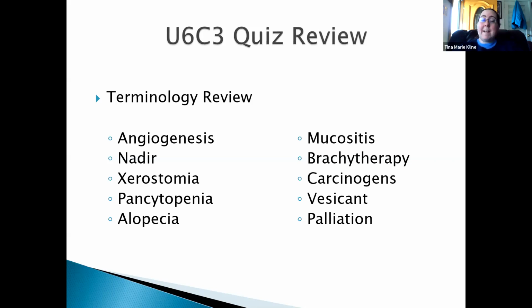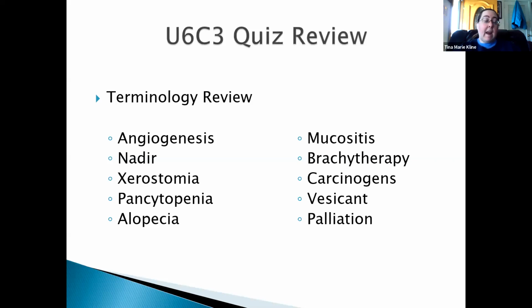You have low white cells, which is your leukopenia, or if we're talking specifically about the neutrophils, that's neutropenia. And then you have thrombocytopenia, which is your low platelets. We'll talk about all of those things separately, but the reality is that your patient that is receiving chemotherapy, and in many cases radiation therapy, depending on where the radiation is being directed, will experience pancytopenia.